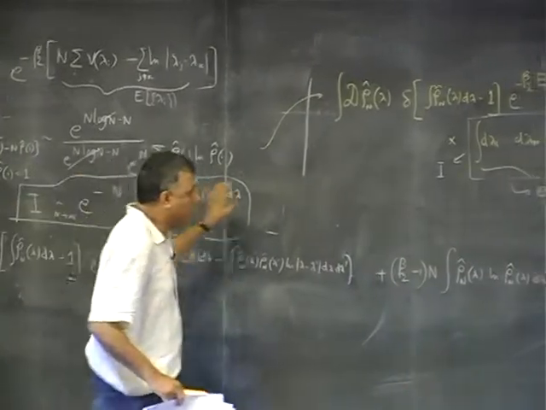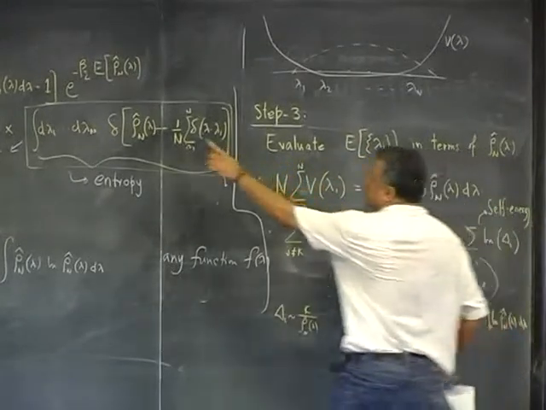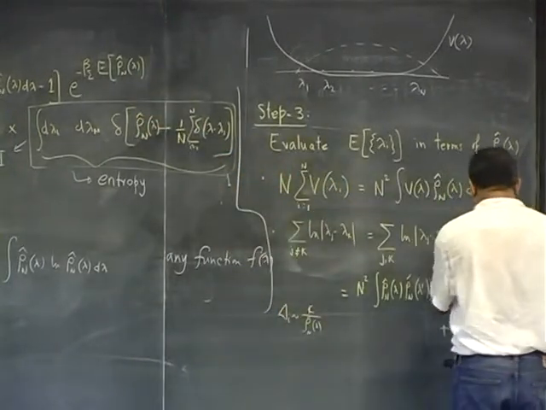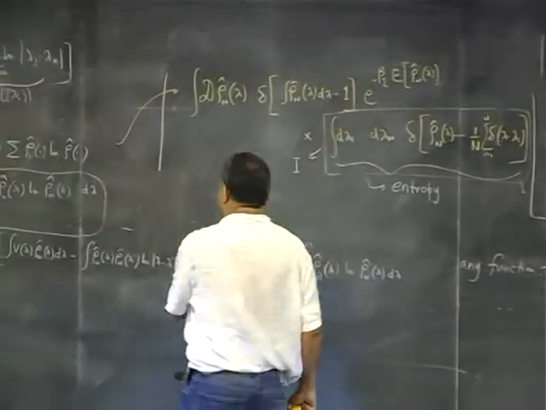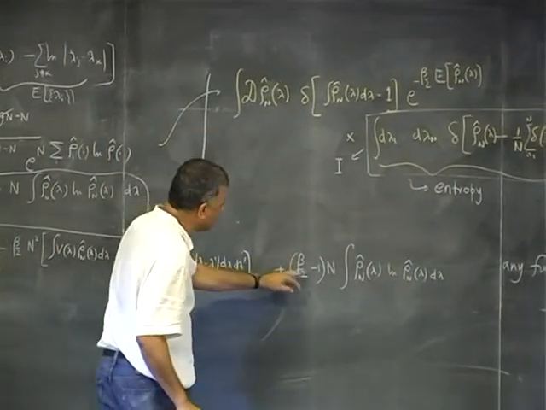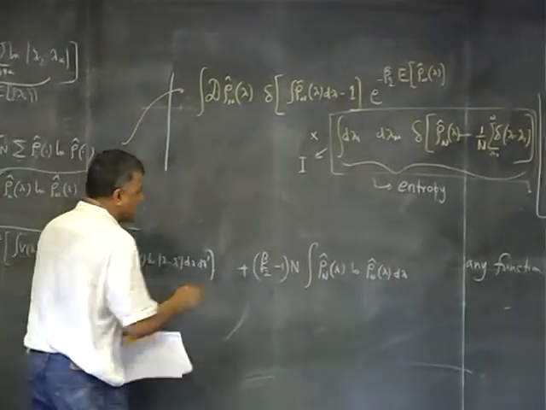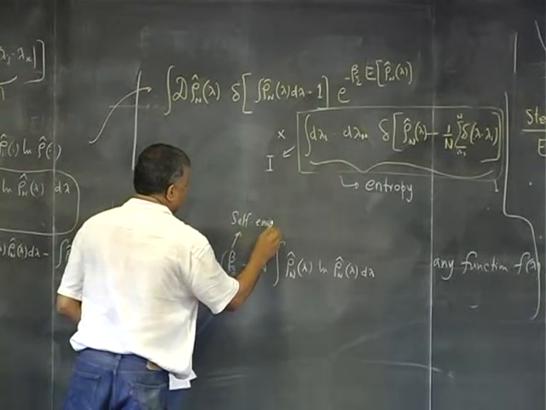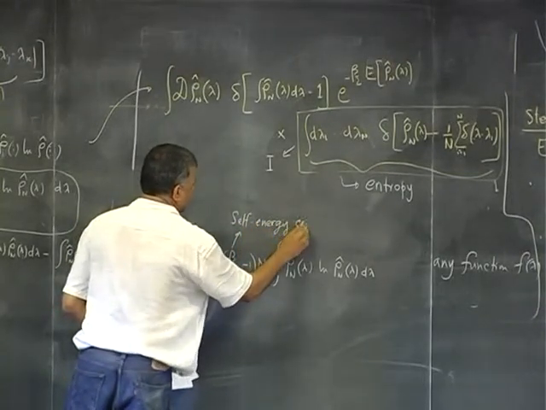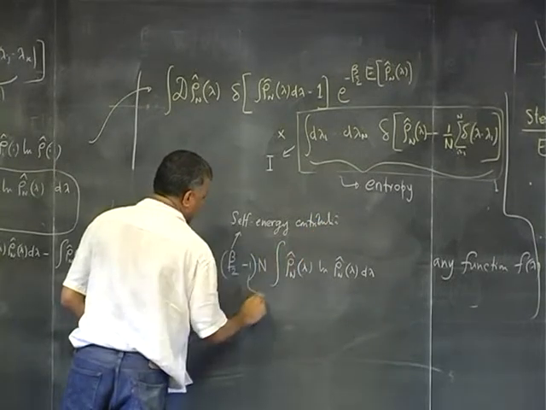And there's a self-energy term which was coming from this term. Remember the weight is e to the power minus beta over 2 times this, and overall there is a minus. So therefore beta over 2 times n times that is a self-energy term. So this is the self-energy contribution, and this is the entropy contribution.